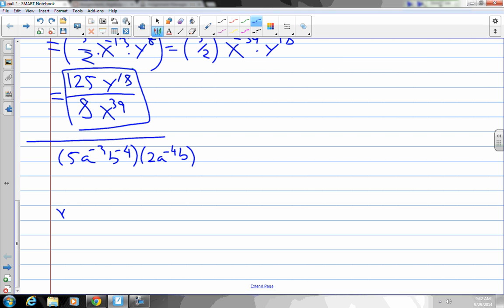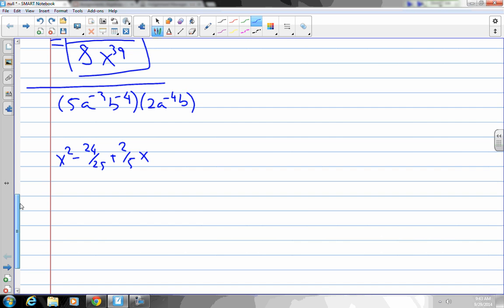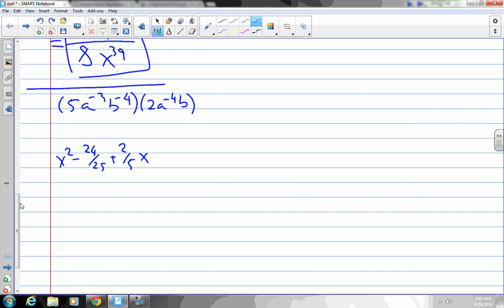And the other one is x squared minus 24/25 plus 2/5 x. What are we supposed to do with that one? Well, the question is factor. Okay, so this one. The parentheses here are just to mess with you. You don't need them. They're just a big product. You're just multiplying everything.